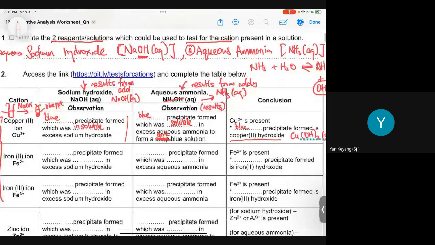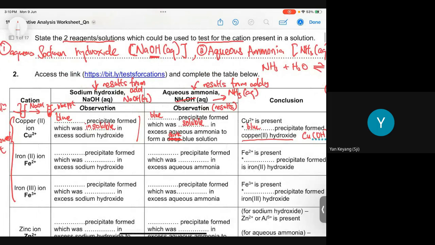Next. Now, for iron 2 and iron 3, I'm going to do it concurrently. For iron 2, which is Fe2+, you're going to get a green precipitate, which is insoluble in excess. So you're going to get a green solid, and when you add more sodium hydroxide, it doesn't dissolve.